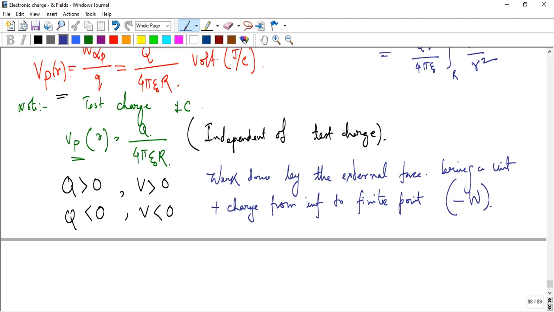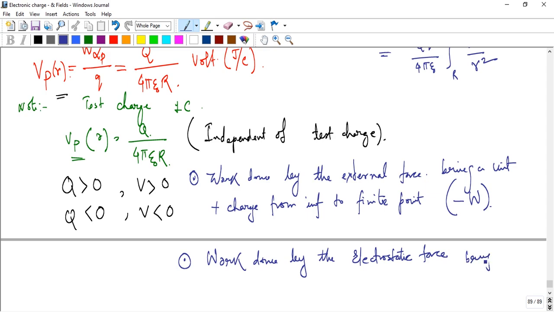And the work done by the electrostatic force to bring a test charge from infinite to a finite point.